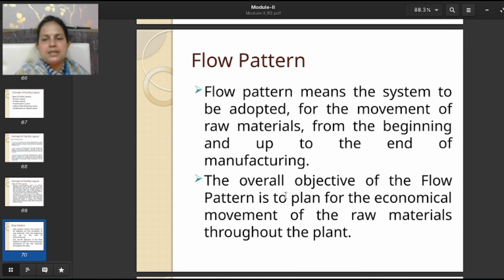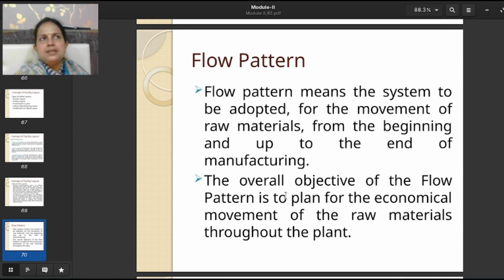The overall objective of the flow pattern is to plan for the economical flow of the raw materials throughout the plant. So actually we have to plan how material will flow from one machine to another till the end of the production.